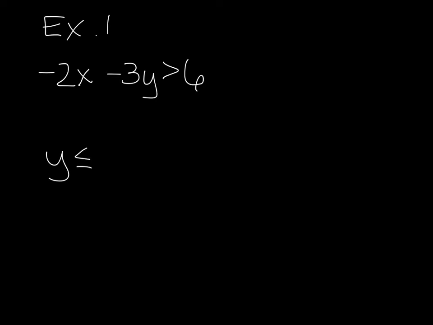Number one. If we want to solve the system of inequalities, negative 2x minus 3y is greater than 6, and the other inequality is y is less than or equal to 1/2 x. So first of all, we're going to graph the first inequality.